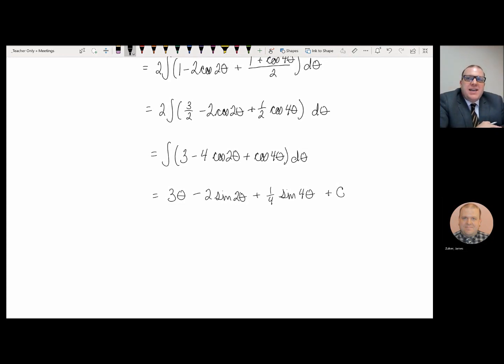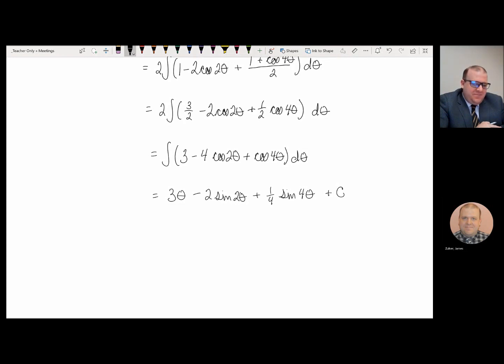We have to try and write this back in terms of x, right? But we have a problem. We don't know anything about sine of 2 theta. We know sine of theta. Likewise, we know nothing about sine of 4 theta. We have to write these as trig functions of just theta.